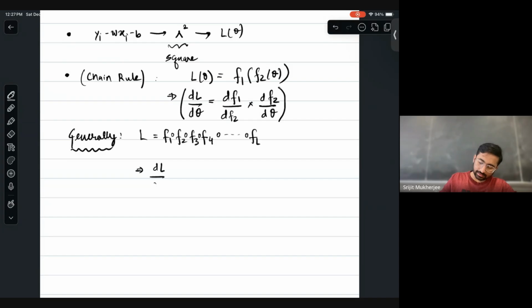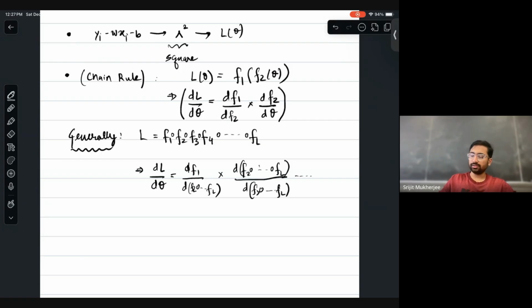Then dL by d theta will be first df1 divided by d of f2 composition of all of them up to fl, times d of f2 composition till fl by d of f3 composition of fl.